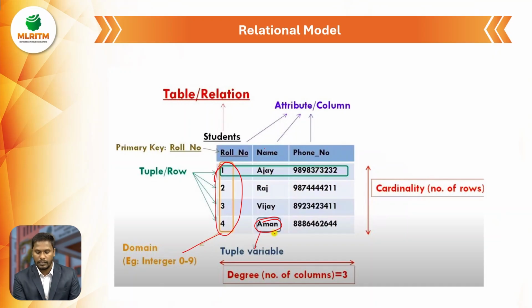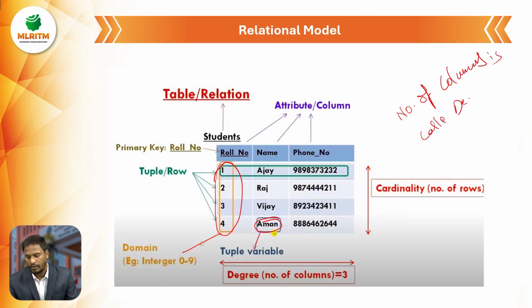The number of columns is called the degree. How many columns do we have here? 1, 2, 3. Three.